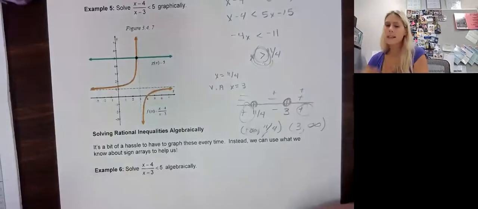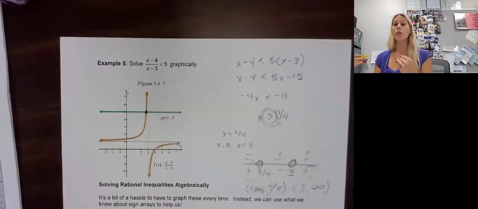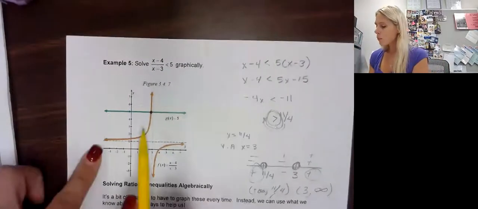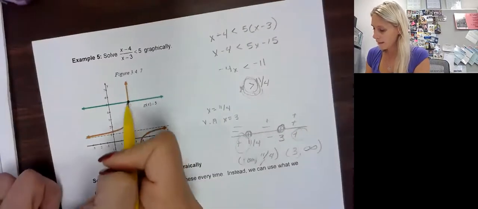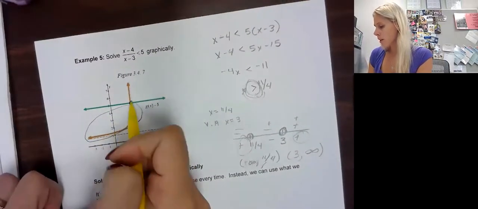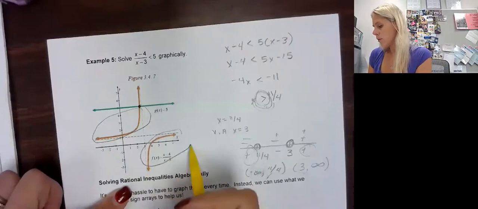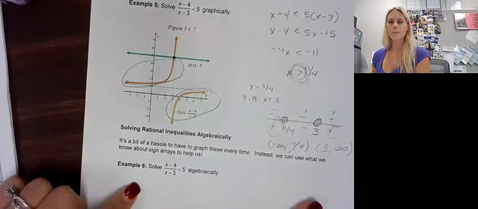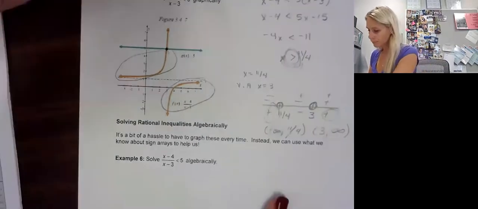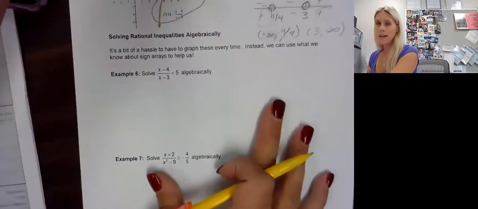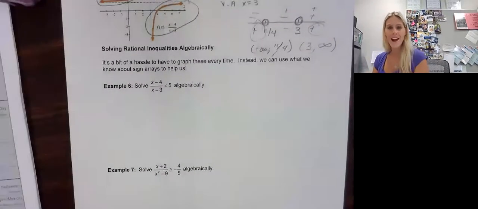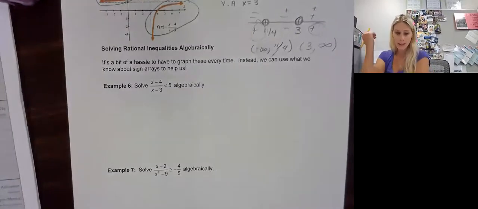Now this makes sense, guys, because if we go back to the original problem, we see that we would have two intervals. Okay. All right. Now we can't double check with our graphs anymore, so we're definitely just going to have to do this algebraically.